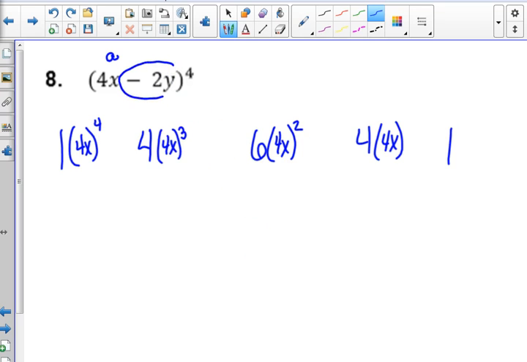Back here we have our b is negative 2y, right? So this one gets a negative 2y to the fourth. This one gets a negative 2y to the third.